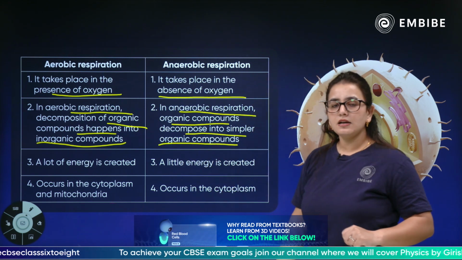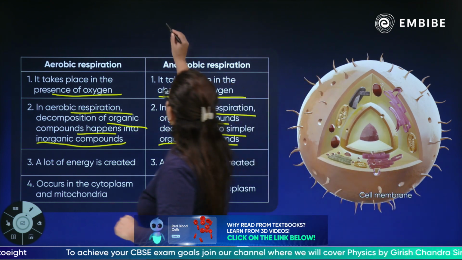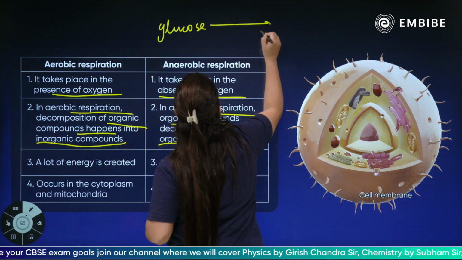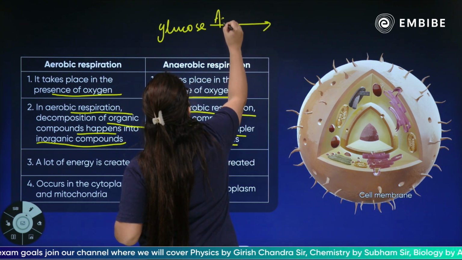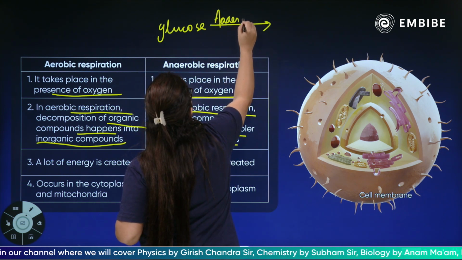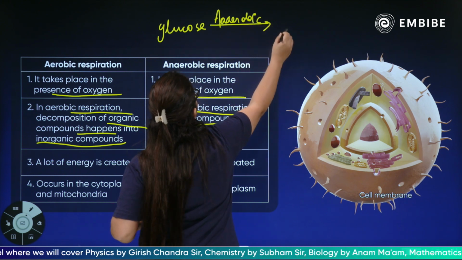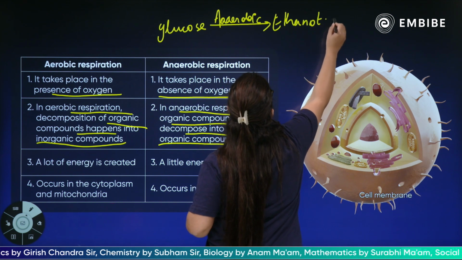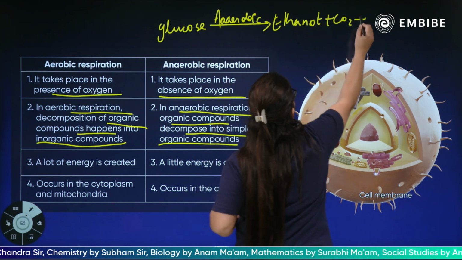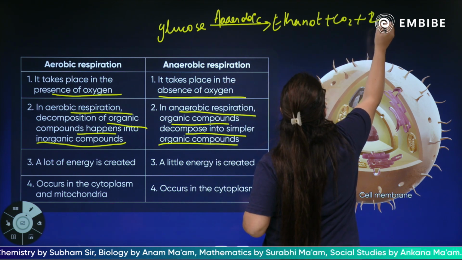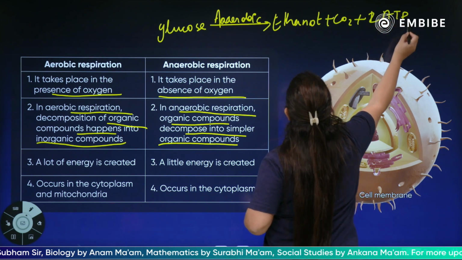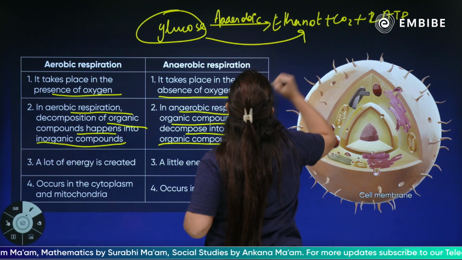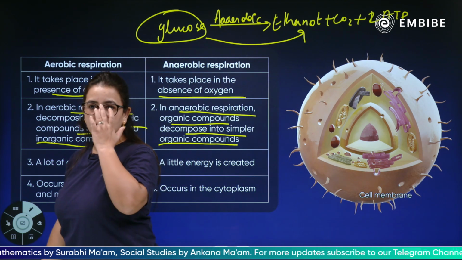If the glucose molecule undergoes anaerobic respiration, it will create ethanol plus CO2 and a little amount of energy. So this organic molecule breaks down into a simpler organic molecule.